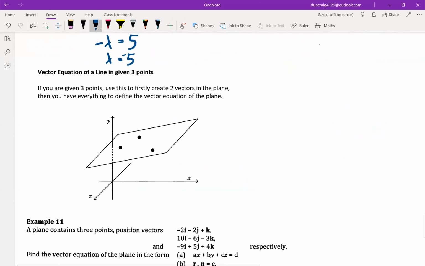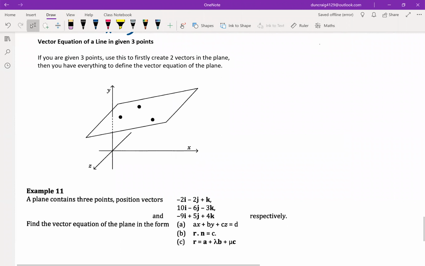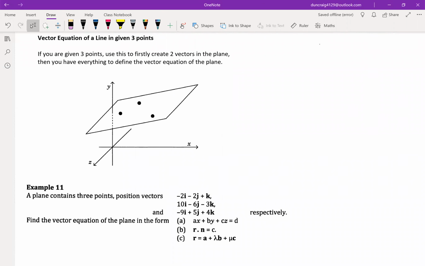Now, just one more example to go through with you. That is how to figure out the vector equation of a line given 3 points. This is nice and simple because if we've got 3 points, any one of those 3 can be your starting position, your vector A, and then you can create 2 lines using the other ones.